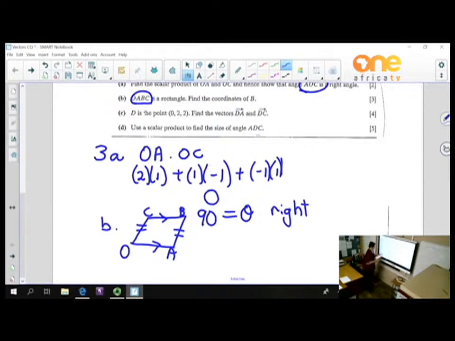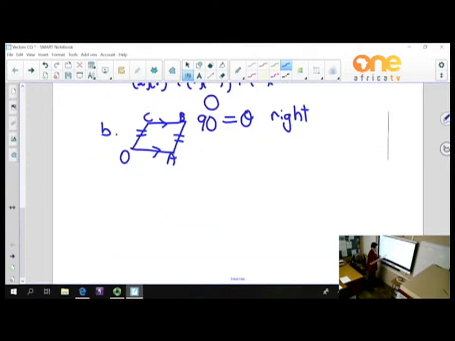Now I need to find the coordinates of B. So that means I have to move either from A with the vector OC to find B, or I can start at C and move with the vector OA to find that coordinate of B. And I can get the coordinates of A and C out of the vectors because there's a relation x, y, z between the two.